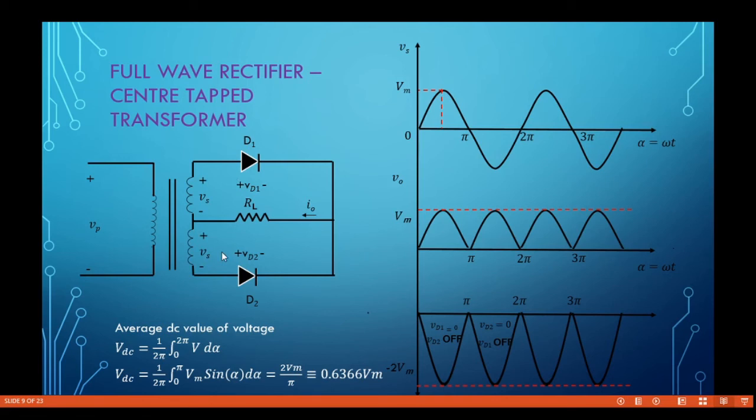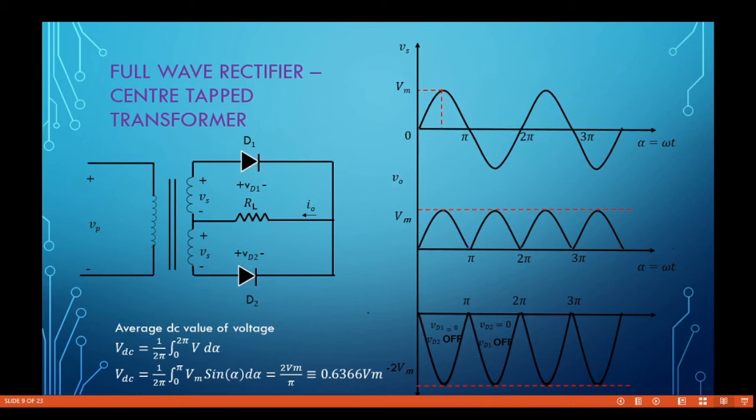The positive part at the P side of the diode will forward bias diode D1, and the negative side at the P side of the diode D2 will reverse bias that diode. So D1 will only conduct in the 0 to pi region.